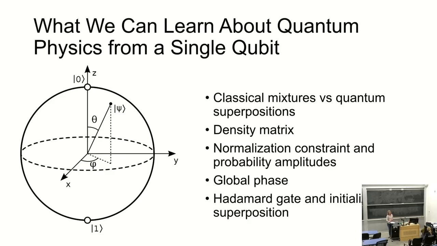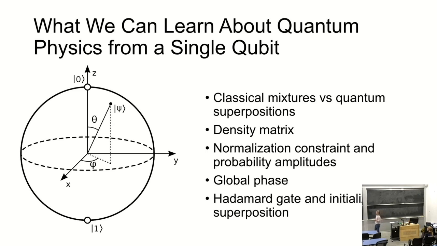All right, so your reading this week and what we talked about in class was all about what we can learn about qubits from thinking about the properties of a single qubit. Some of the things that we can learn are distinctions between classical mixtures and quantum superpositions. We learned about the concept of the density matrix. We talked more specifically about the normalization constraint and probability amplitudes.